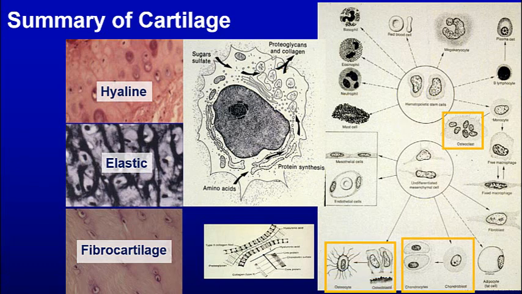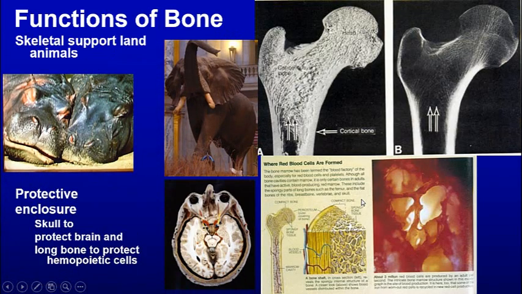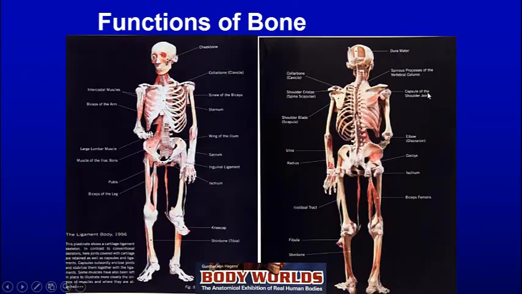So those are for cartilage and those for bone, and cartilage and bone are connective tissue. And if we look at bone, we can see it's protective. It's an enclosure that protects our brain, and also protects hematopoiesis inside of long bones.